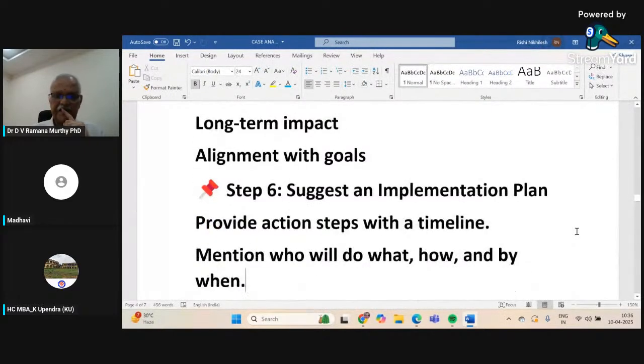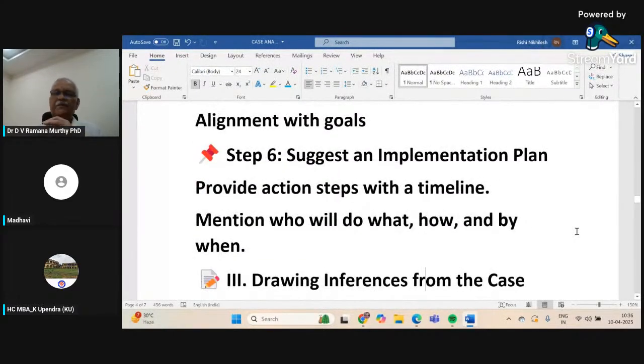Now, taking all these into consideration, the sixth step is to suggest an implementation plan. Now it's up to you to look into it. Okay, now it is good enough, we can go for implementation. Suggest what the steps are with a timeline. Provide action steps within a timeline.